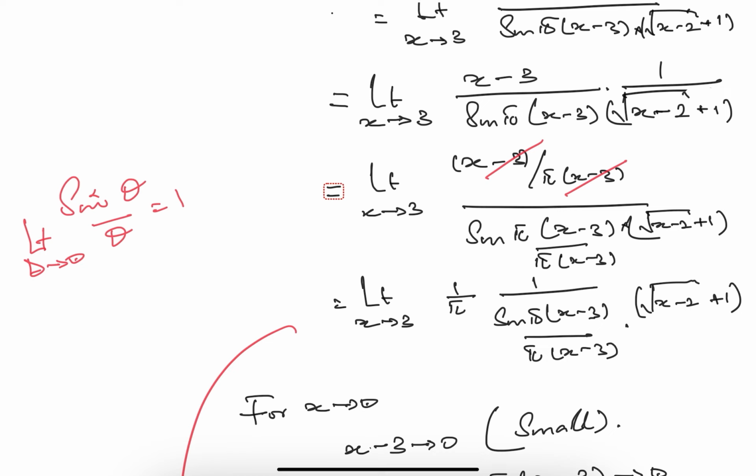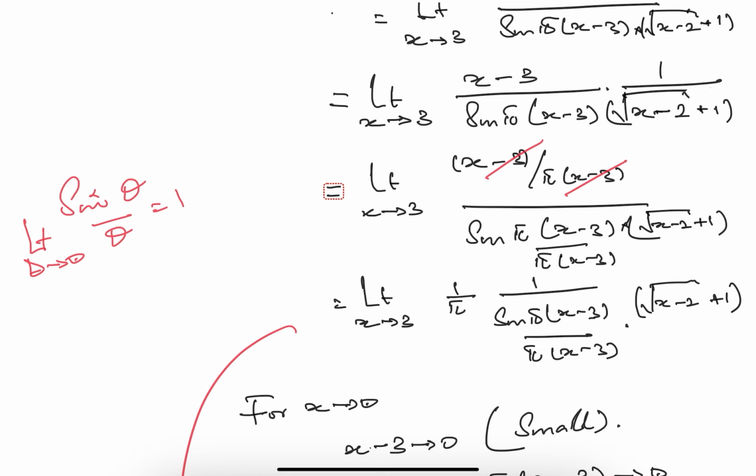So we have sine of pi times (x minus 3). What we need is to divide by pi times (x minus 3). If we do that in the denominator, then of course we have to divide the numerator by the same. So we divide the numerator and denominator by pi times (x minus 3).